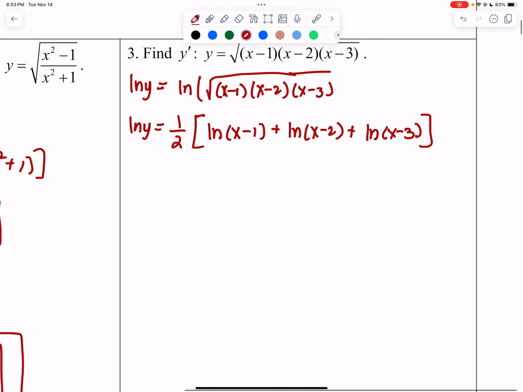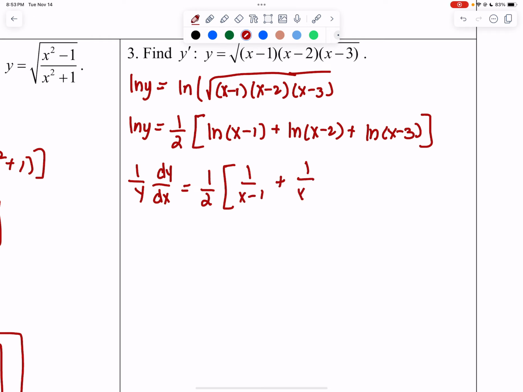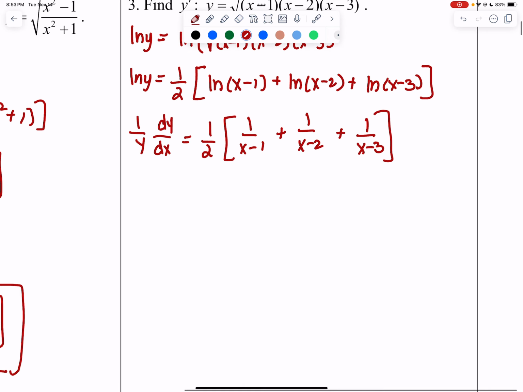Once you do that, you are going to take the derivative now with respect to x. So you're going to have to use implicit here. That's going to be 1/y dy/dx is equal to 1/2. And then the derivatives of these are pretty easy. And then solve for dy/dx.